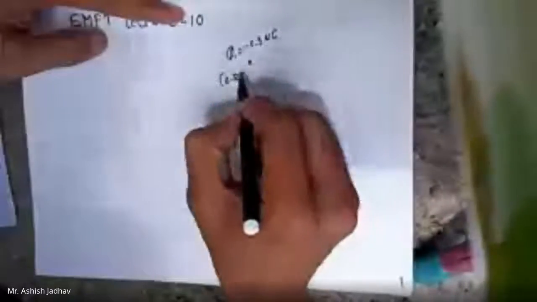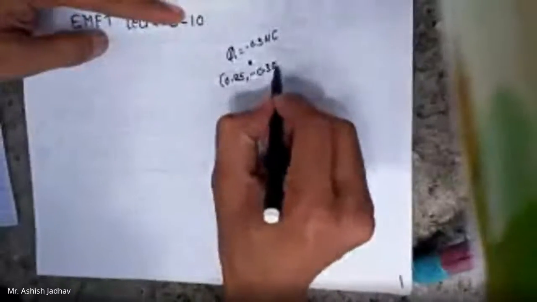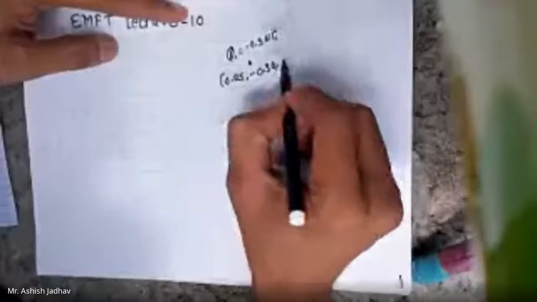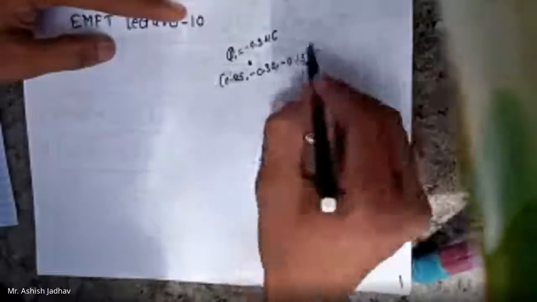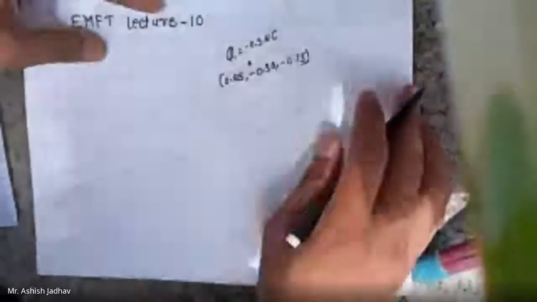The coordinates given are in centimeters, and we have to convert them to meters. So the coordinates become 0.25, minus 0.30, minus 0.15. This is the first coordinate.